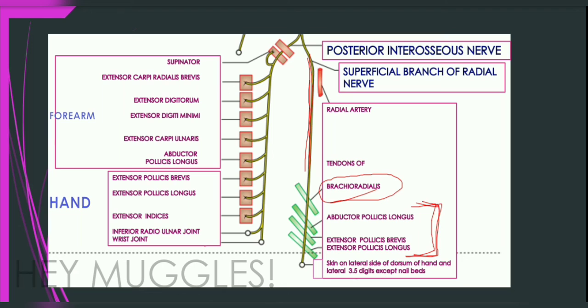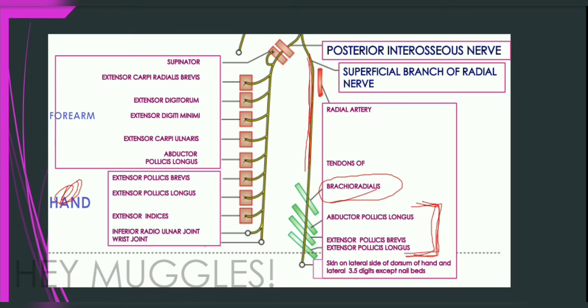So these three tendons are tendons of your anatomical snuff box. So the superficial branch emerges under the tendon of your brachioradialis, then passes over the tendons of your anatomical snuff box. That is, it passes through your anatomical snuff box, and then finally it reaches your hand, right?